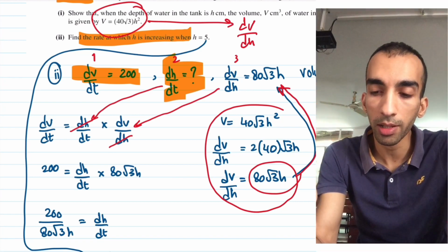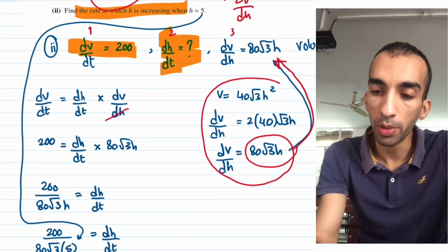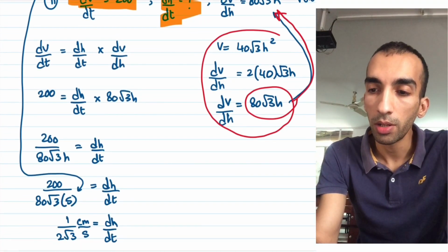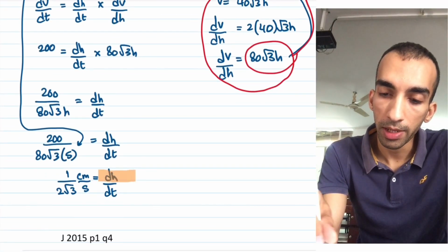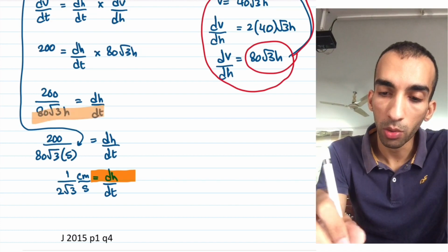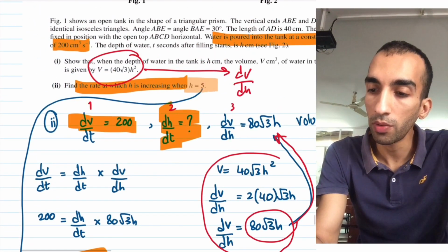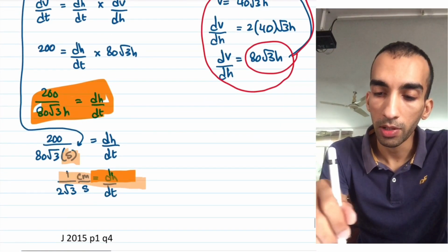We're not actually cutting them out, but we're supposed to write it like this. Once we have this, we simply solve it just like in any other algebraic equation. We solve for dh by dt, and once we solve for dh by dt, we get stuck over here. Now this is where the question comes in handy. The question says use the value of h as 5. Remember, we will plug that in, and this is the answer that we get.